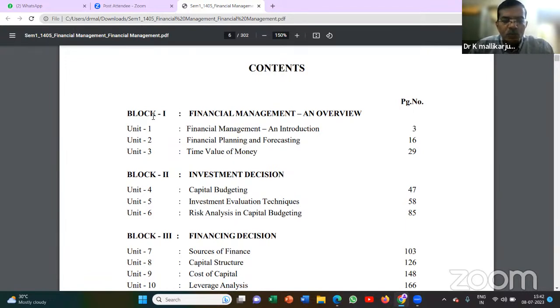The firm has to grow, enter multiple business segments, and improve the business model. So they require a huge amount of investment, because the word capital itself indicates the long term: 1 year, 3 years, 5 years, 7 years, 10 years, sometimes 15 years. That topic is covered under investment decisions in block number two.